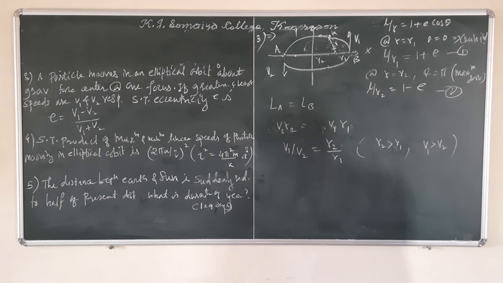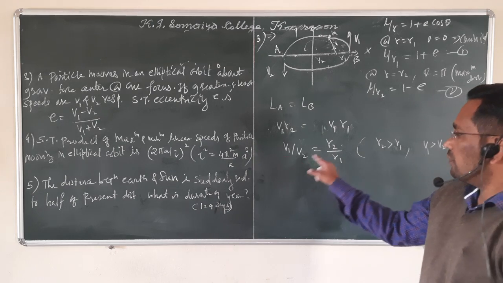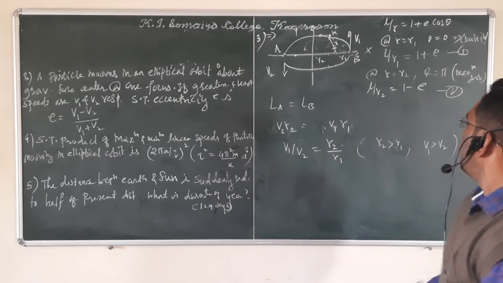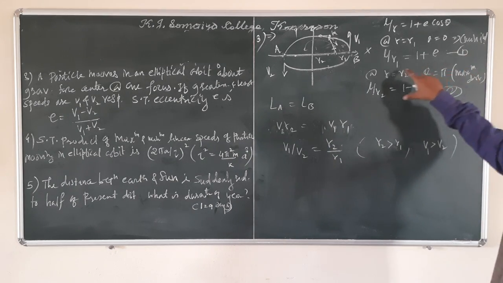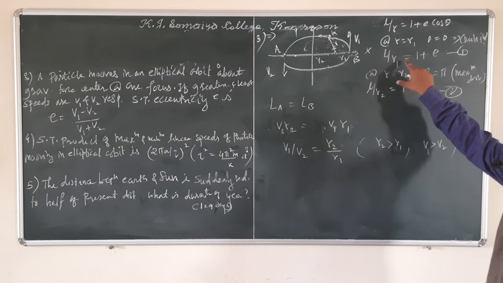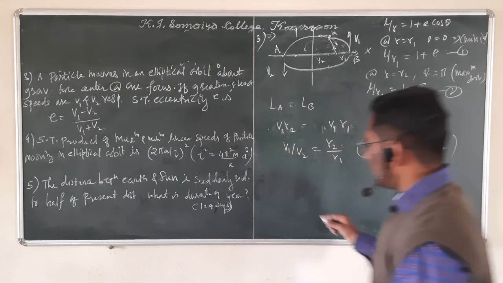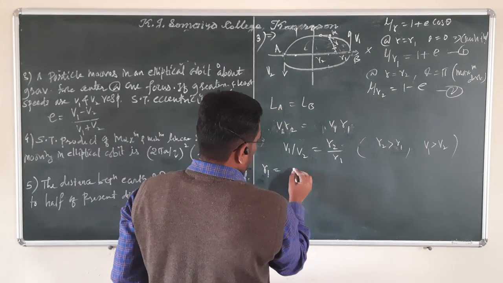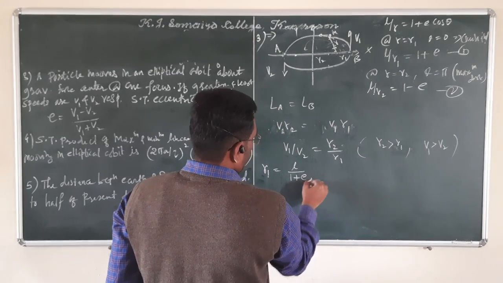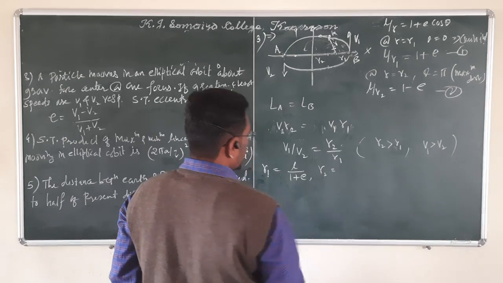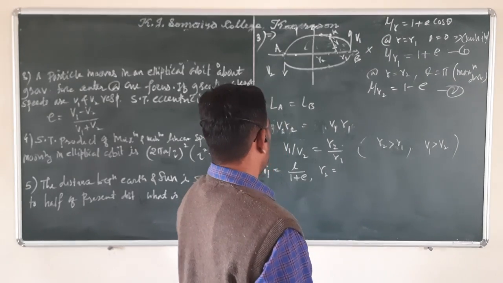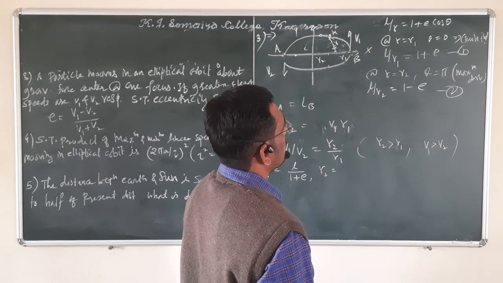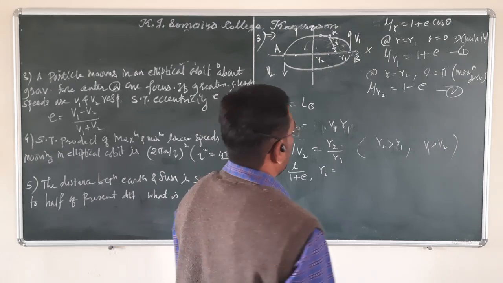Now to get the equation for eccentricity, we know that v1 upon v2 is r2 divided by r1, and from equations 1 and 2 we have the equations for r2 and r1. So r1 is l divided by 1 plus e, and r2 is l divided by 1 minus e.